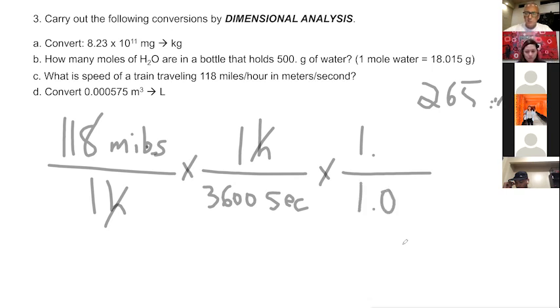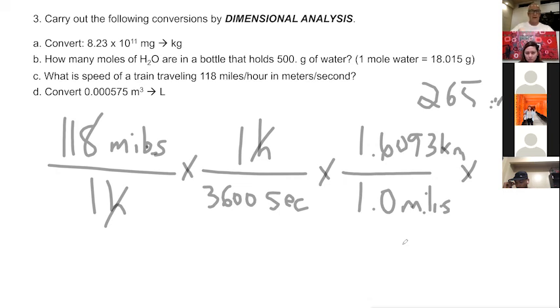So 1 mile is how many kilometers? 1.6093. Okay. All right, so we've gotten rid of our hours.